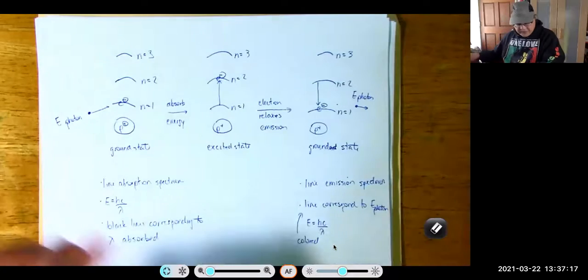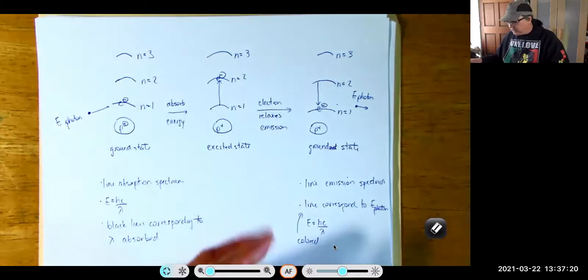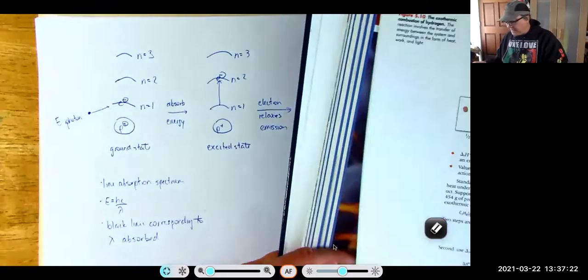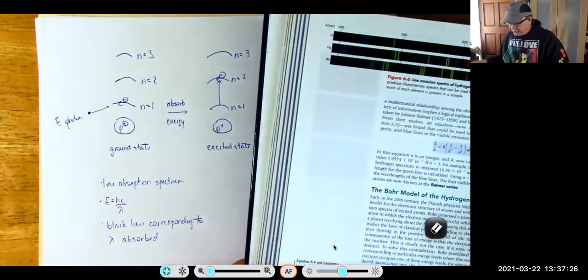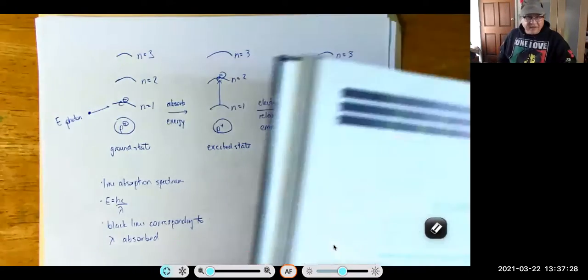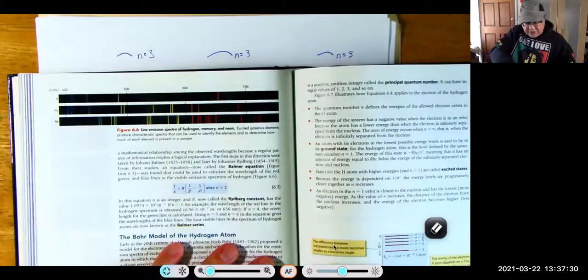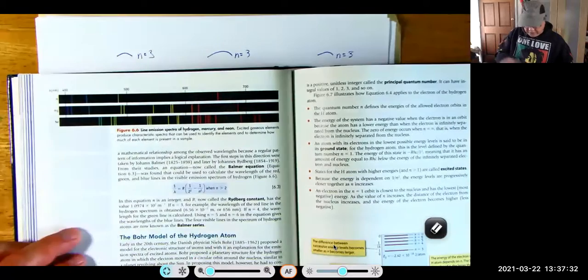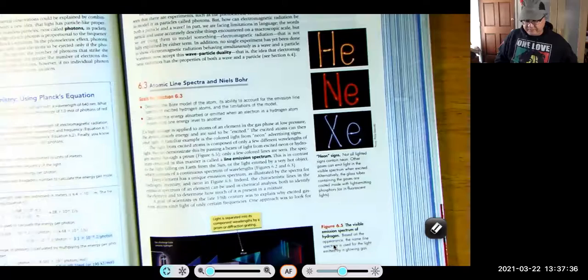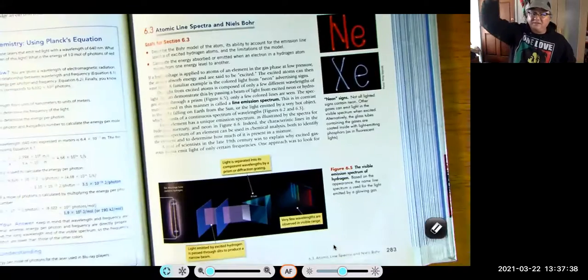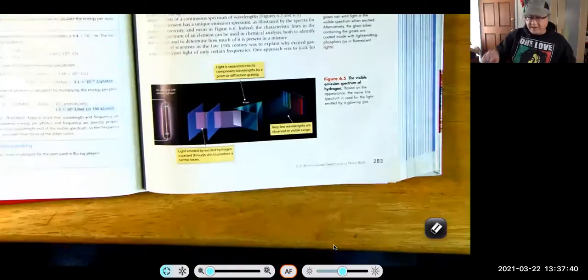Okay. And let's see if our book has a good picture of this for us to look at. I think it does. So right here, this is a line emission spectrum where you basically do something along the lines of this.